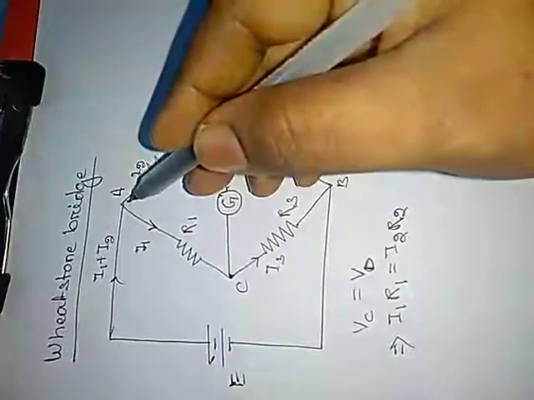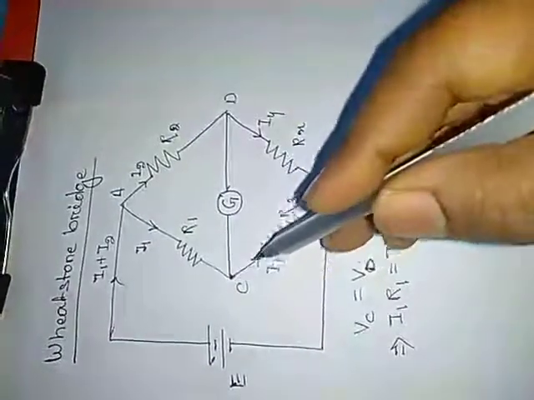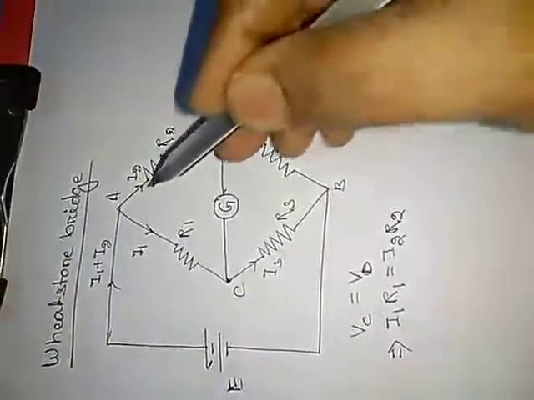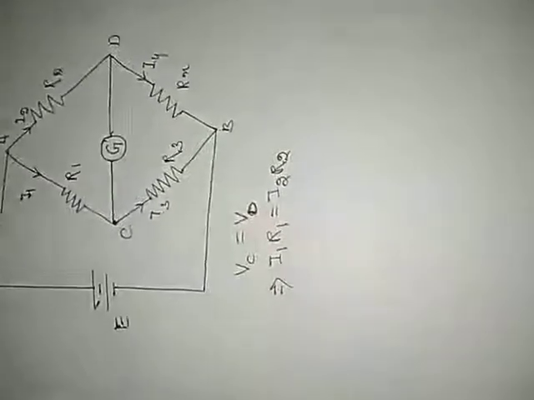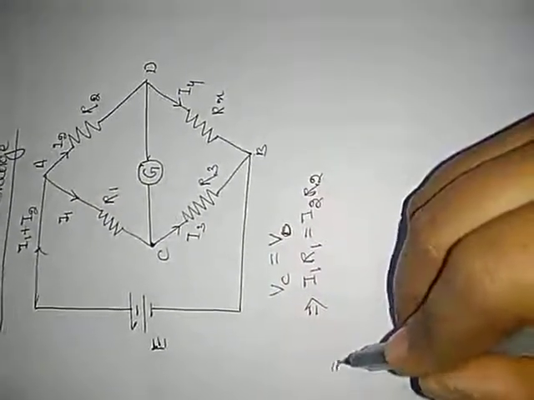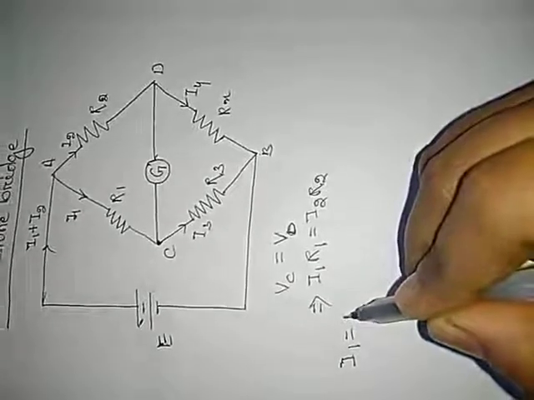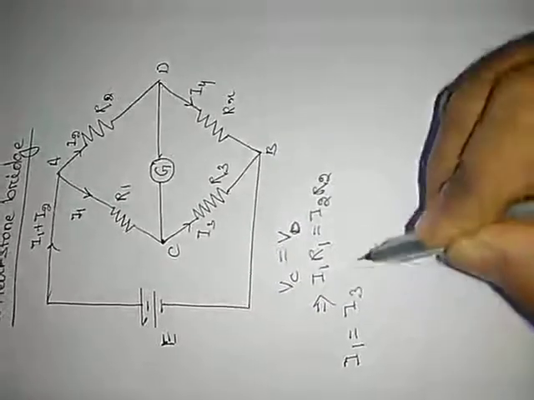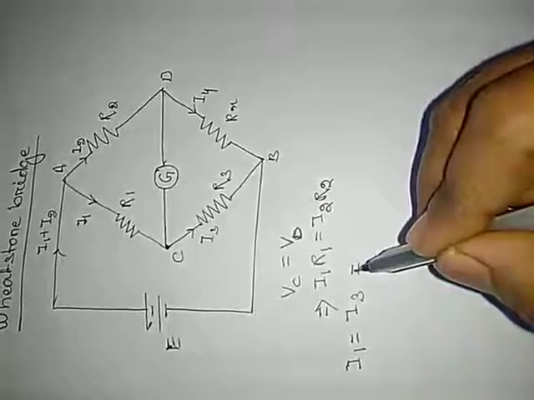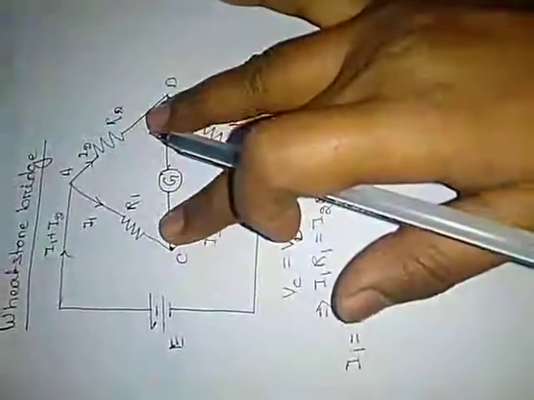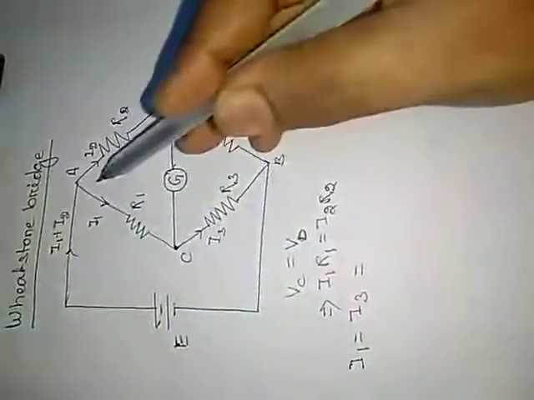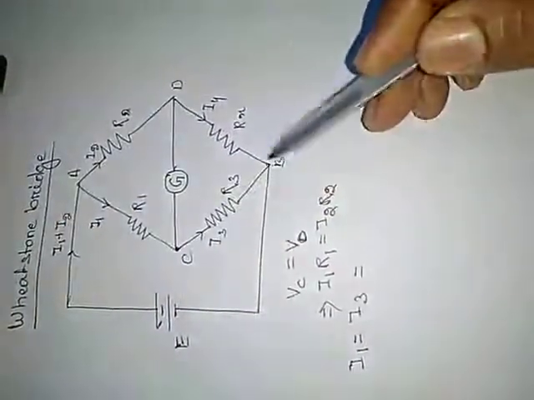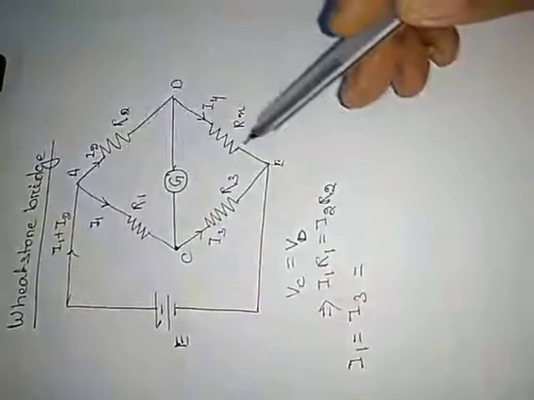So this I1 current is equal to I3. Similarly, I2 current is equal to I4. When the bridge is balanced, you omit this path, and then this path and this path are all in parallel.